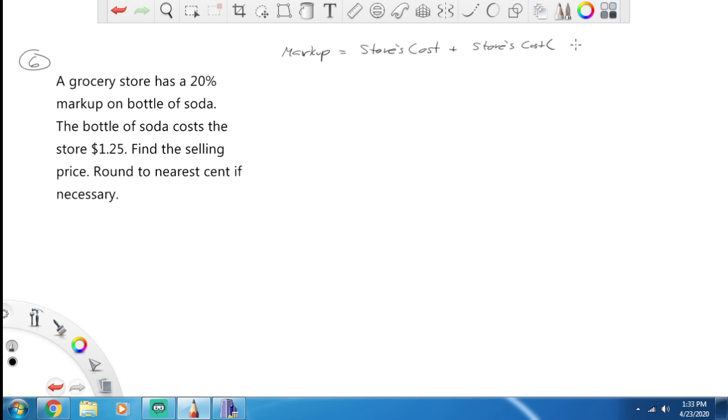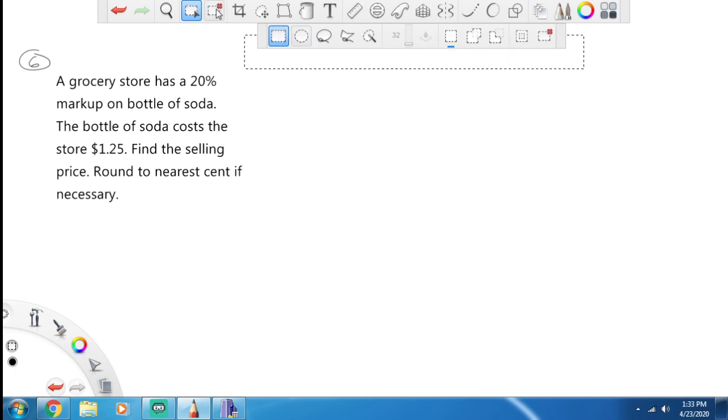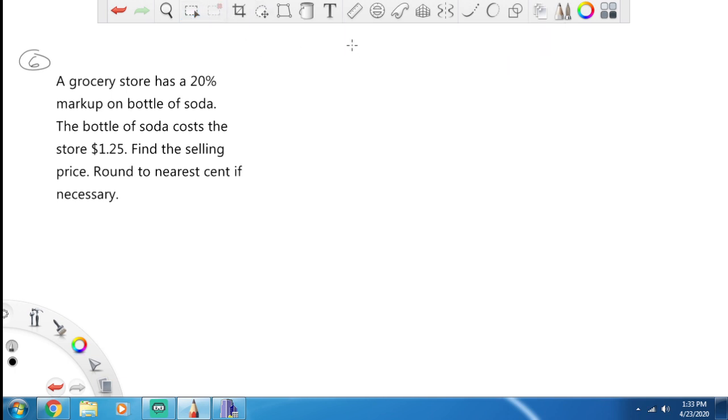For percent change, Logan, it is. For markup and discount, it is not. But for percent change, it is. I'm trying to think of how I could write markup and discount as a formula for Eli. Maybe I got to do it first, and then we'll come to me.